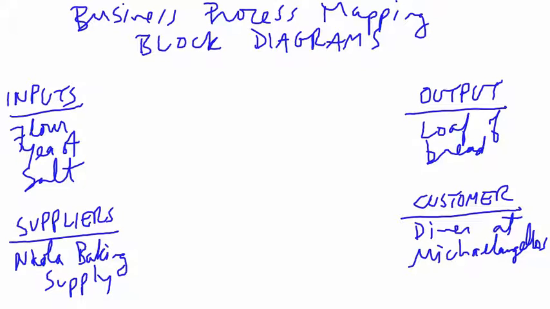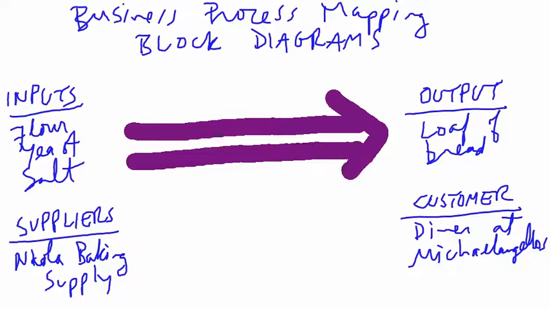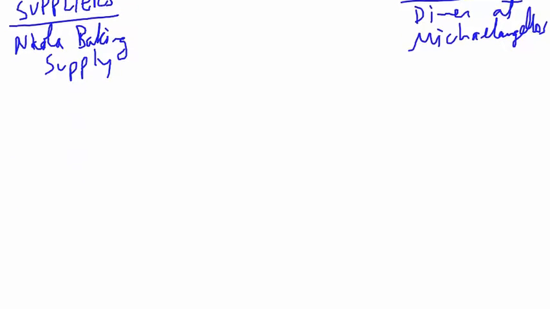And then the process map itself is about converting these inputs into that output. So we'll have a series of steps that go through that process. And those steps are performed by what we call work groups. And in our case, let's look at 4 work groups that are involved in this process.